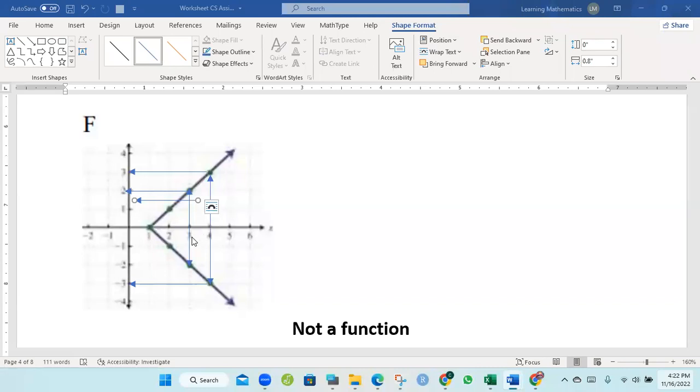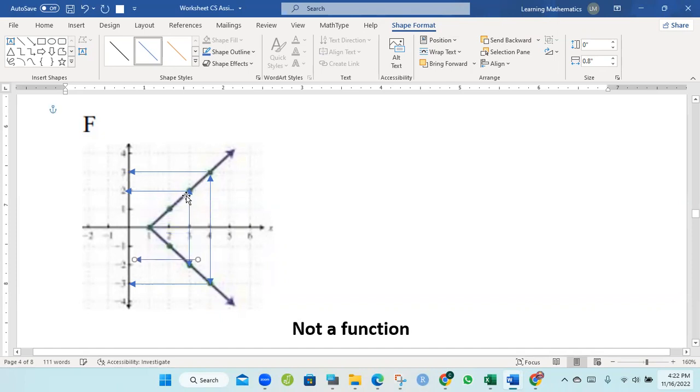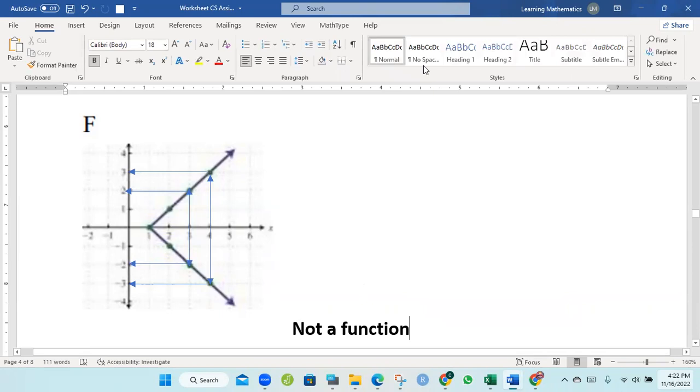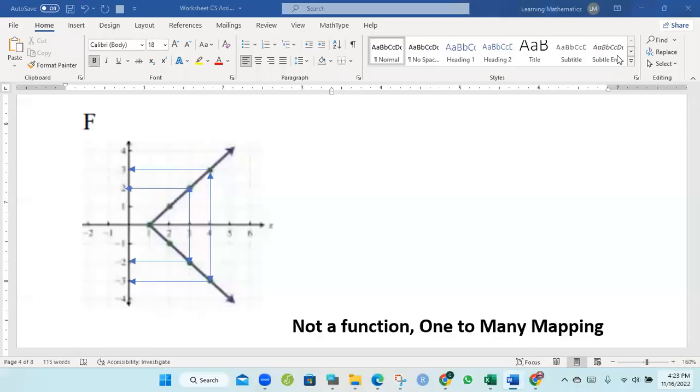So let's use 3 as another example. 3 is going to 2, and you can also see 3 is mapping onto -2 also. So 3 is mapping onto both 2 and -2. 1 is going to many. So F is a one-to-many mapping. So in conclusion, F is a one-to-many mapping.